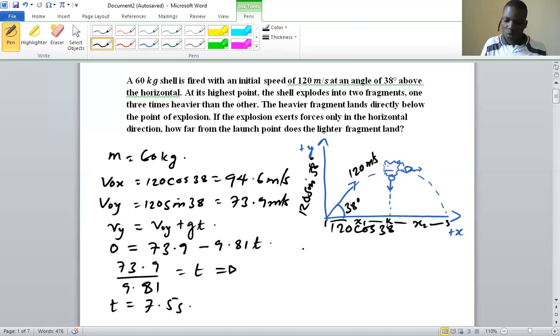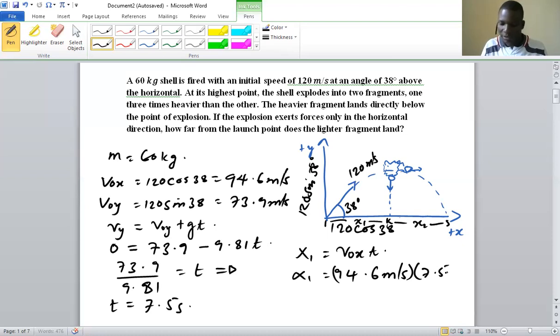So we can use this to find X1, our first range. Range is given by initial velocity in the x times time. So our range 1 is going to be the initial velocity in the x, 94.6, which we've already calculated, times the time, 7.5 seconds.